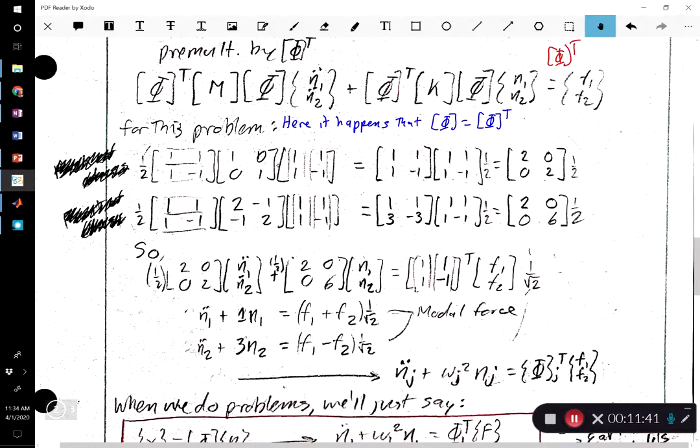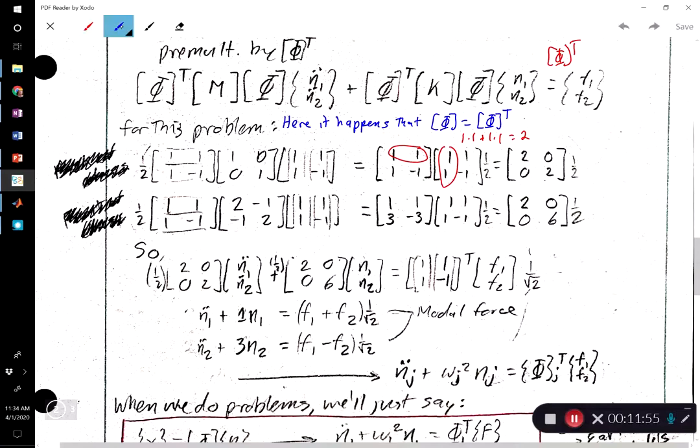Let's look at the first element though in this product. For the first element we take these times these. So we get 1 times 1 plus 1 times 1 is equal to 2, right? And similarly, if we take that same row in this column, there we get 1 times 1 plus 1 times negative 1, or that's going to be 0.